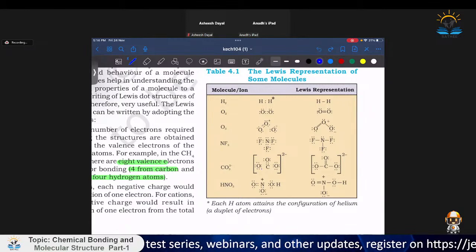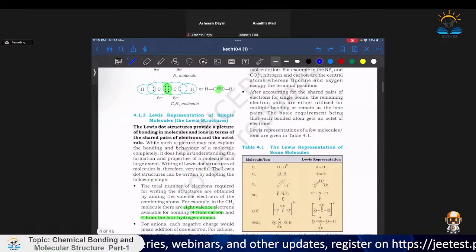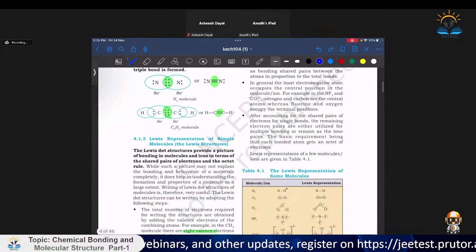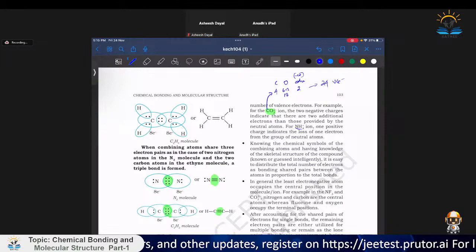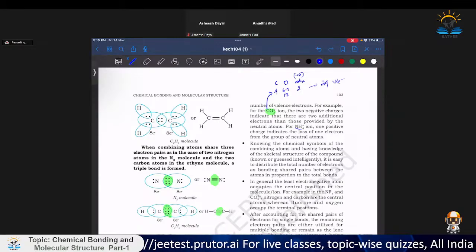If there is a positive charge, as in NH4 plus, ammonium, you will subtract 1 electron from the total number of valence shell electrons. Nitrogen gives 5 and each hydrogen gives 1, so it should be a total of 9. But in the ammonium ion, we will find 9 minus 1, that is 8, because a positive charge is present.